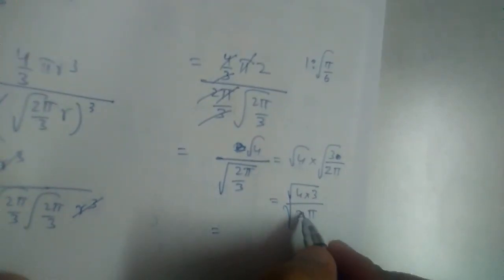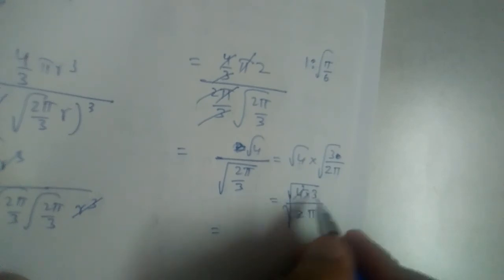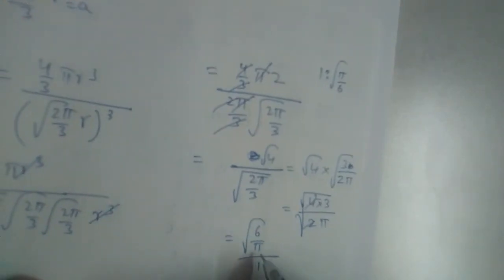So this will become how much? 2 and 4 will get cancelled, root 6 by pi divided by 1. But 6 by pi, how can we write this? Can we write this as 1 divided by, this will become reciprocal, right? Pi by 6. Yes. Hence the ratio is 1 is to root pi by 6.